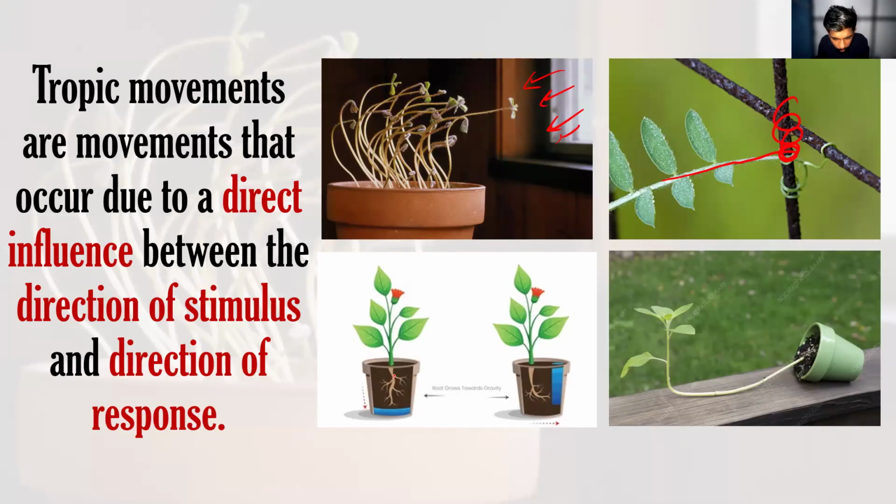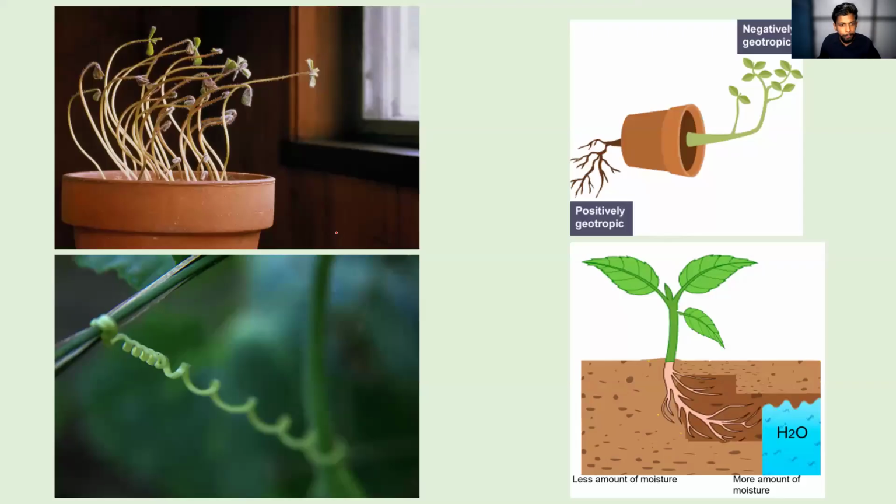And the roots are moving towards the water, a kind of trophic movement. The stems are moving against the gravity, a kind of trophic movement. Here you can see all the examples regarding the trophic movement: moving towards the light, the support, the water, and the gravity.